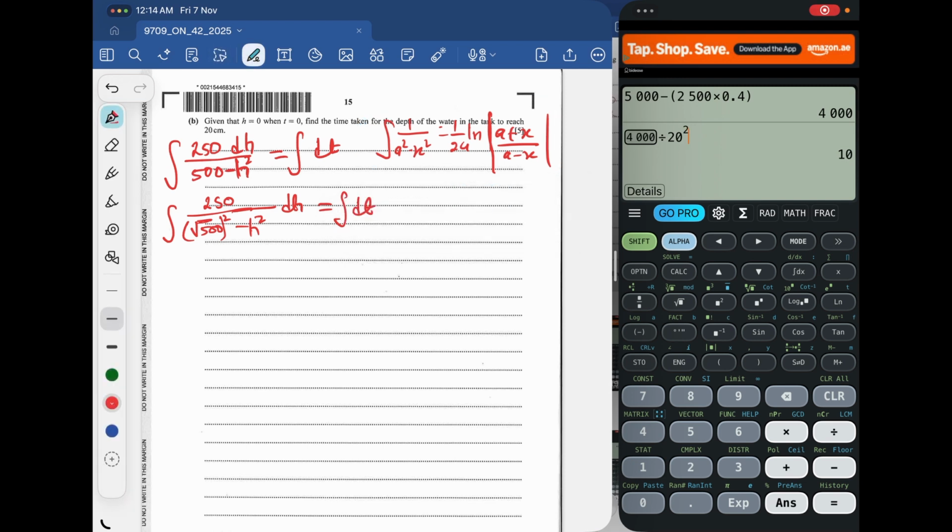All right, so we're going to see how we can use this. That's why I'm squaring that, because the square root of 500 squared is the same thing as 500.